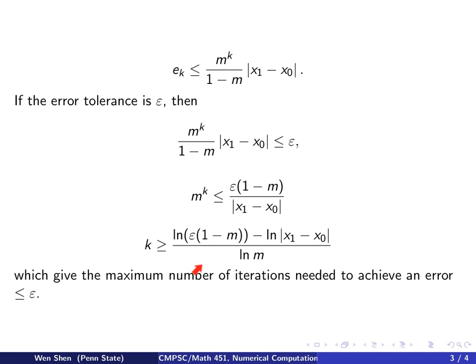So here's the solution for the inequality: k has to be bigger than this expression. So if you take the integer part of this number and the next bigger integer, that gives you the minimum number of iterations needed to achieve a certain error tolerance. No, sorry, it's not max. This shall be the minimum number.